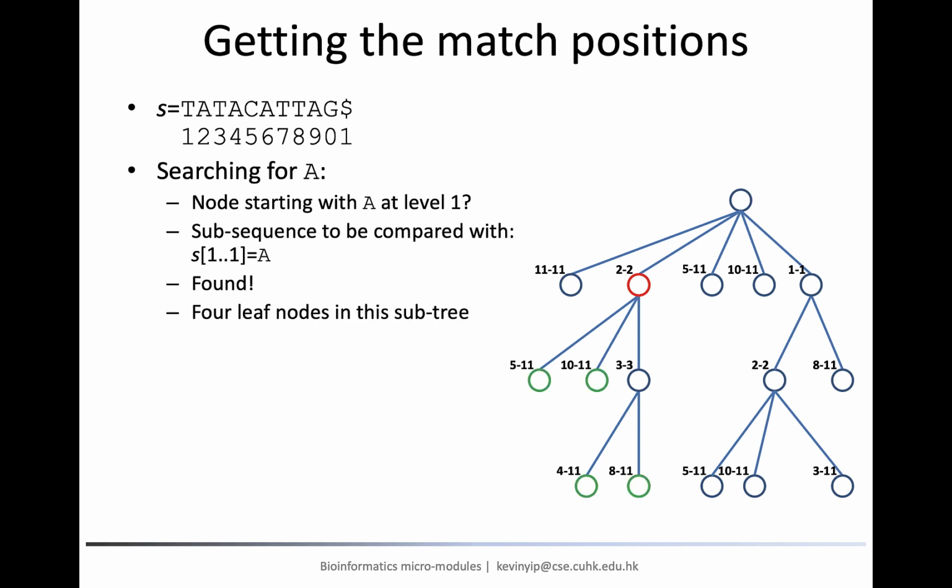Now we see that the subtree rooted at this node contains 4 leaf nodes, all highlighted in green. Each of them represents a suffix that starts with A, and therefore there are 4 occurrences of A in the reference sequence in total. The first leaf node represents positions 5 to 11.